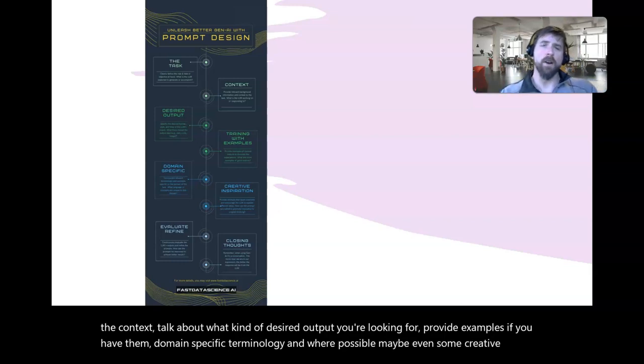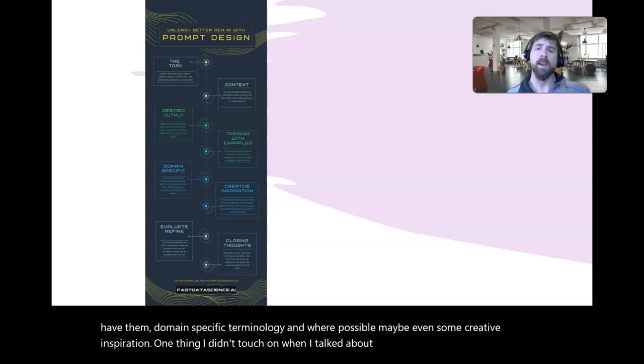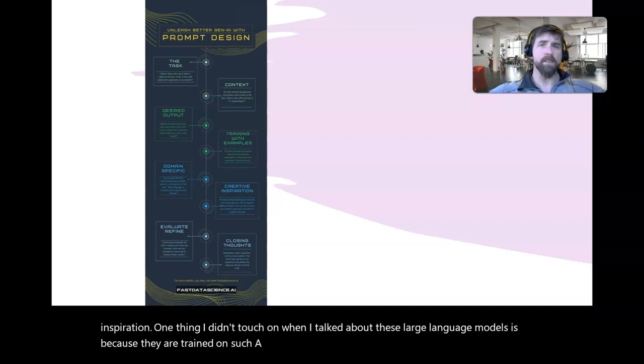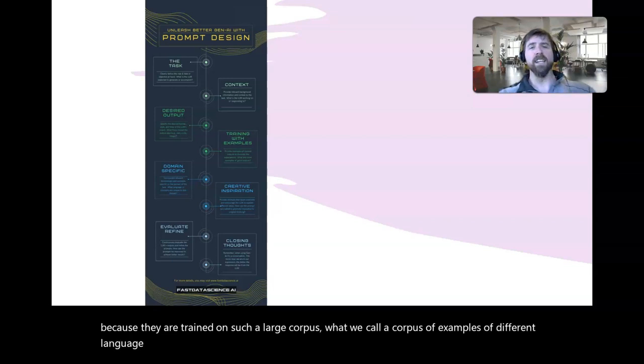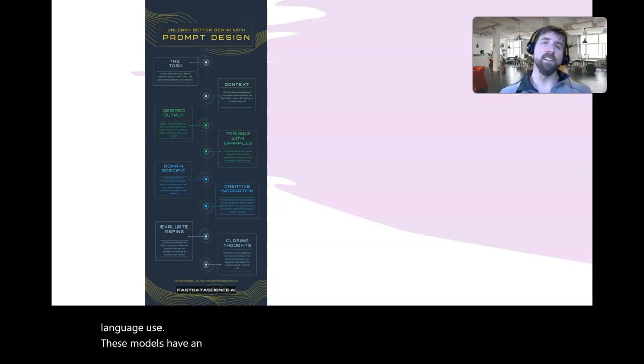One thing I didn't touch on when I talked about these large language models is, because they are trained on such a large corpus, what we call a corpus of examples of different language use, these models have an understanding of lots of different domains of knowledge.